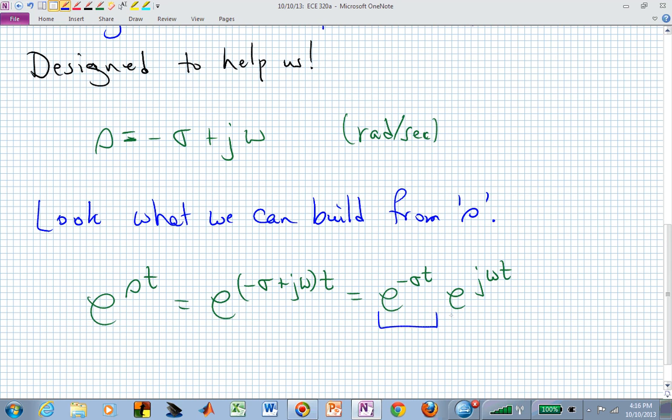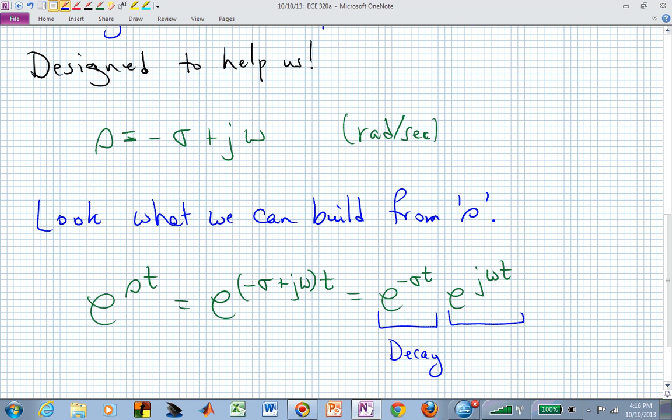These two pieces now provide us with a little bit more insight. E to the minus sigma t: remember, minus sigma is just a real number. Let's say that's e to the minus 2t. This simply represents an exponential decay. So part of this e to the st can be, depending on what s takes on in terms of values, a piece that represents an exponential decay.